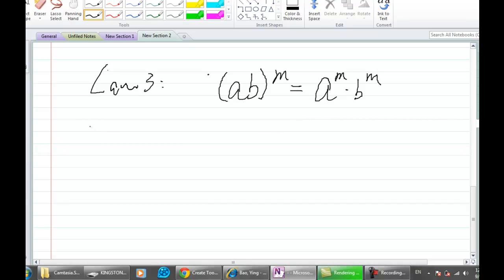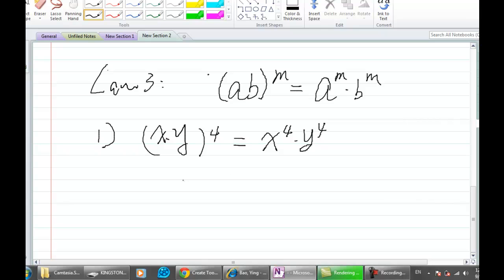Now we are going to talk about 2 different level examples here. First one is x times y, parentheses, to the 4th power, that is equal to x to the 4th power times y to the 4th power.